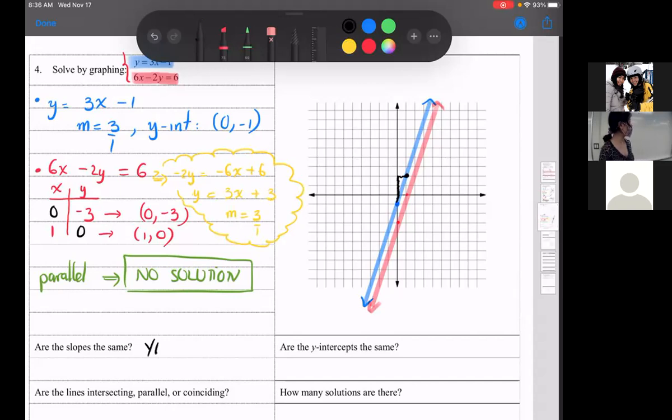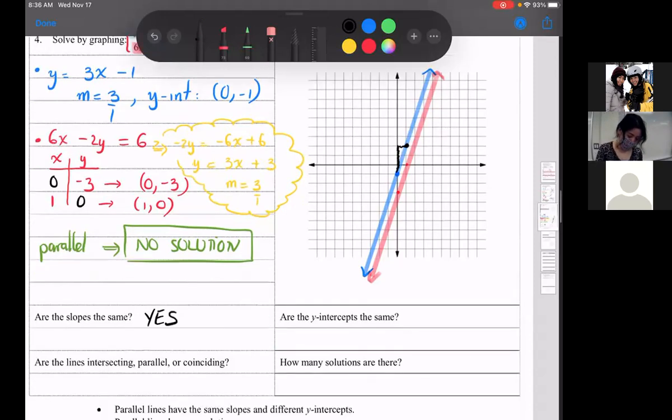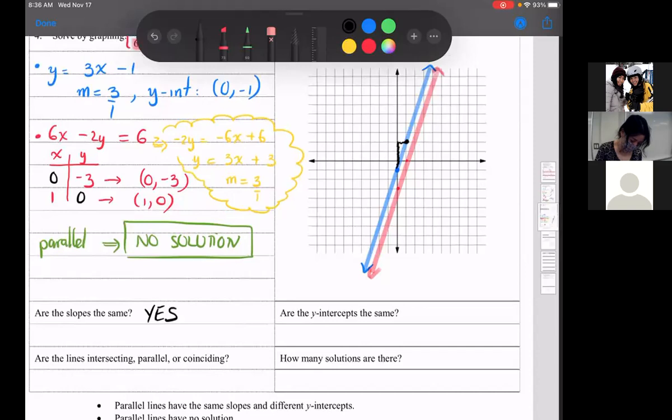Now you already know this, right? When two lines are parallel, they have the same slope. That's how you use it to find the equation of a line, right? The lines are parallel. Are the y-intercepts the same?